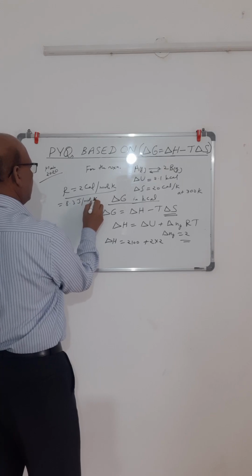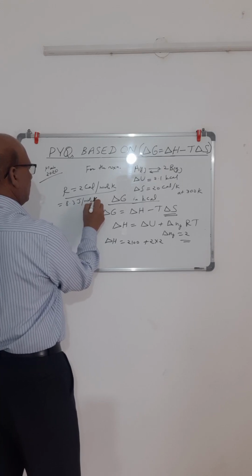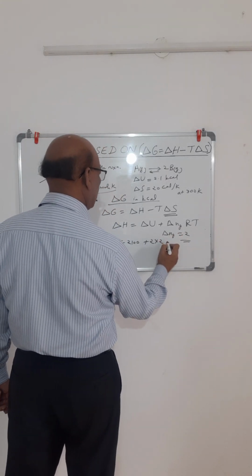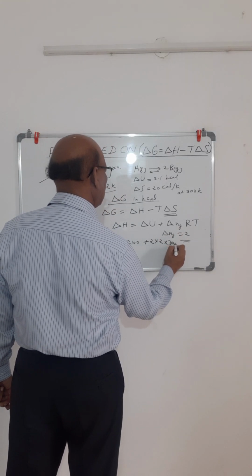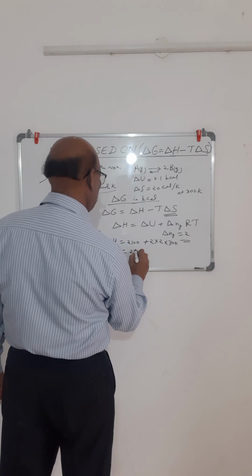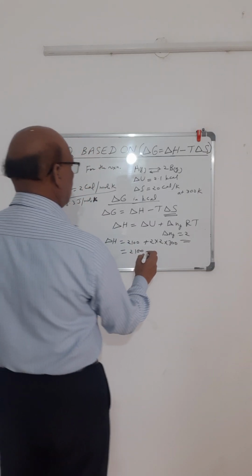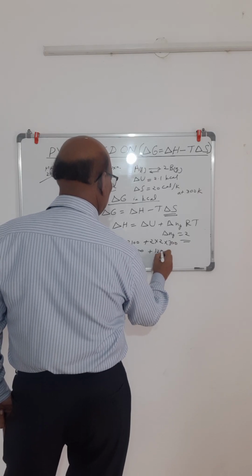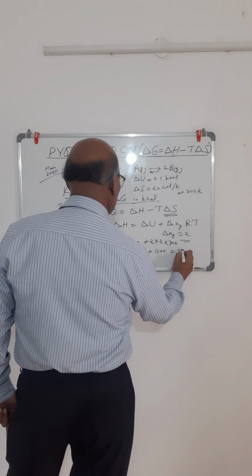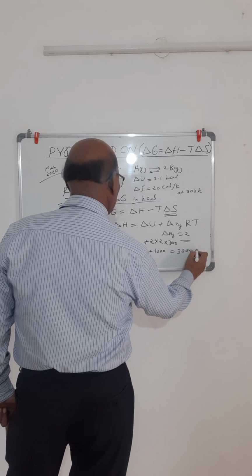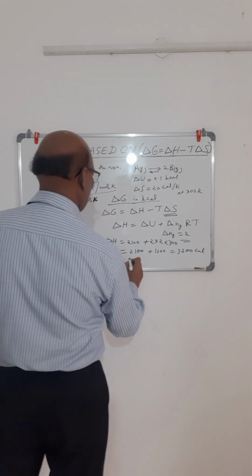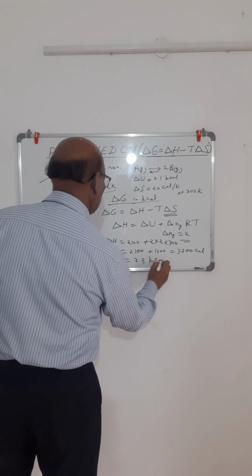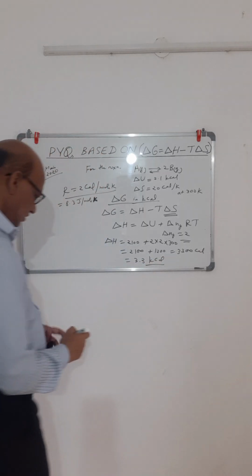We take calories because all the other figures are in calories. Temperature is 300 Kelvin. So delta H comes to be 2100 plus 1200, so it will be 3300 calories, or 3.3 kilocalories.